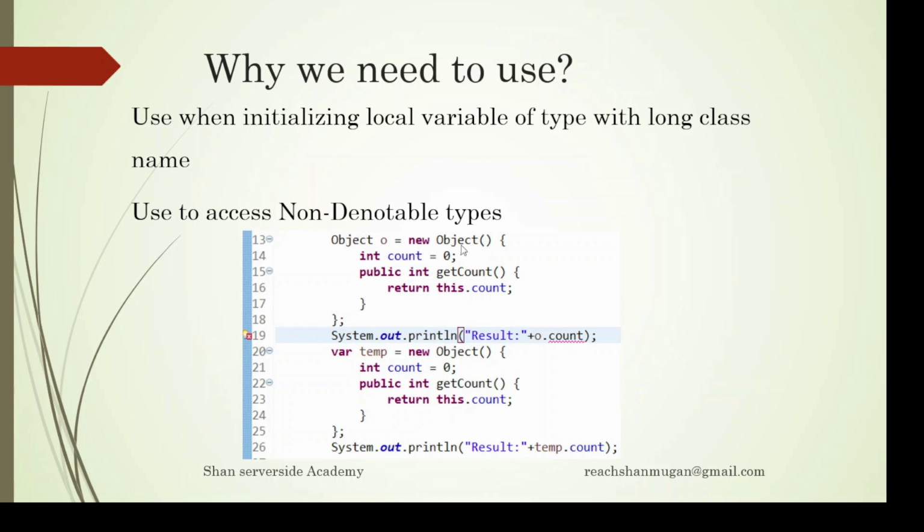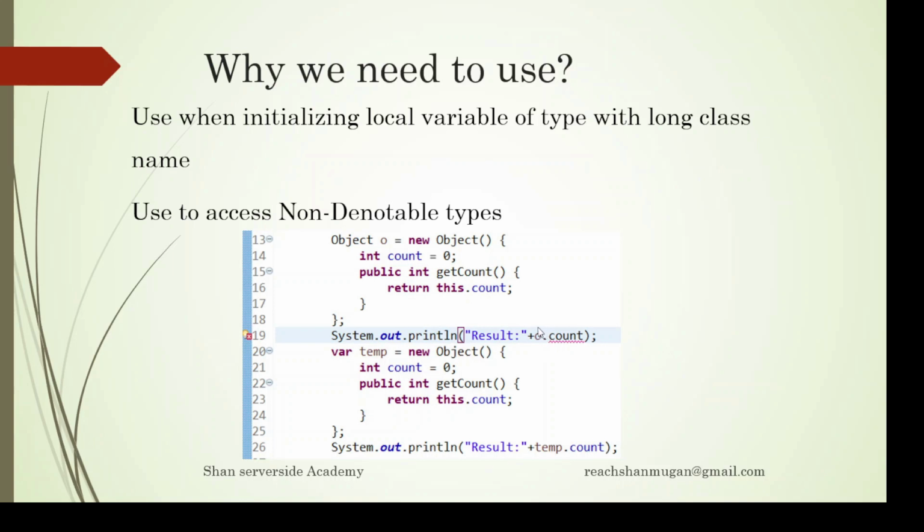Here we are declaring the variable o. So in line number 19, you will not be able to access count or the getCount method. You cannot call them because the type is Object, and it doesn't know any method or variable apart from what is declared in Object.